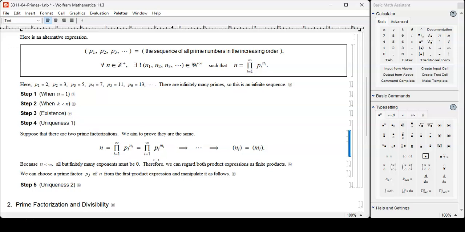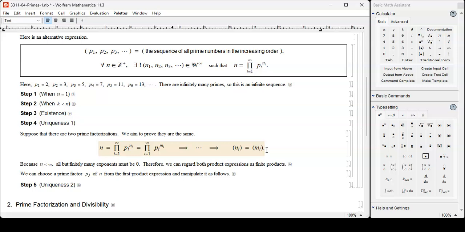Suppose that there are two prime factorization expressions, and we aim to prove they're the same, so the sequences of powers are identical. We are not assuming these are different and then trying to get a contradiction. We just begin with two prime factorizations, and we are trying to prove the sequences of those powers are the same. So this is a direct proof.